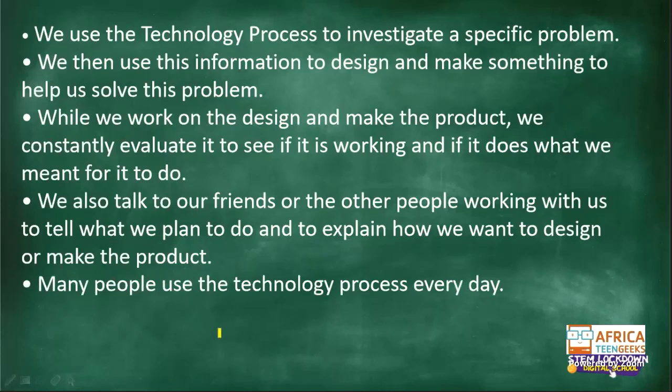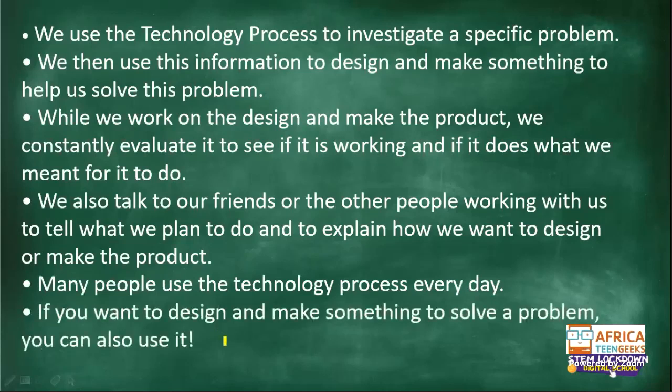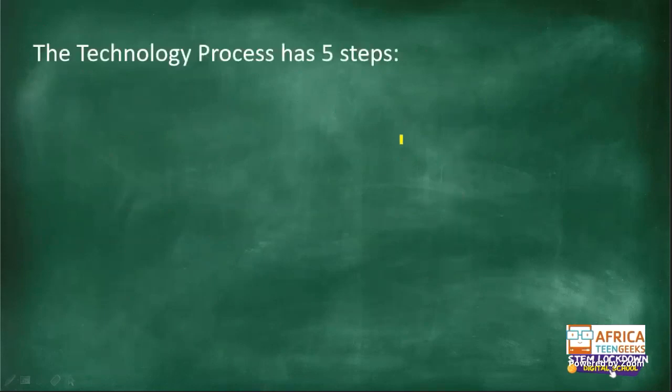Now, many people use the technology process every day. And if you want to design and make something to solve a problem, you can use it too. Okay, the technology process has 5 steps that we'll be looking at now.